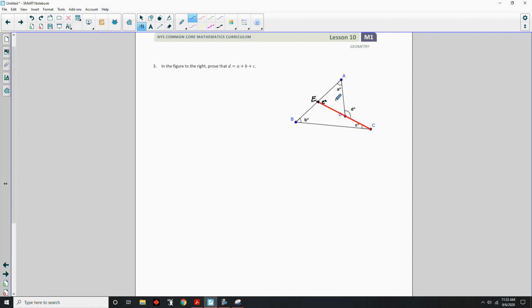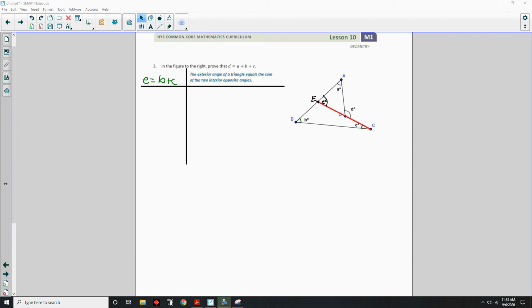This is an exterior angle to B and C. So I can start this proof by saying E equals B plus C. Reason? The exterior angle of a triangle is equal to the sum of the two interior opposite or remote interior angles, whichever you're comfortable saying.